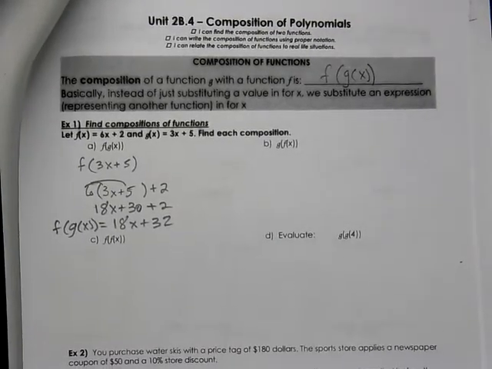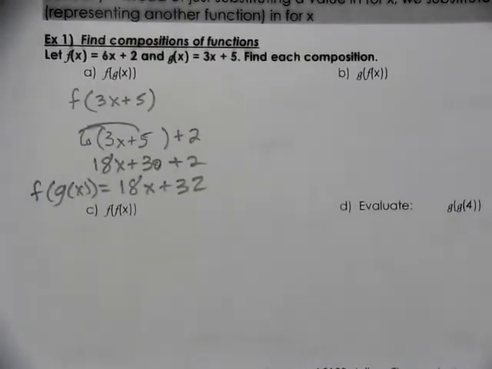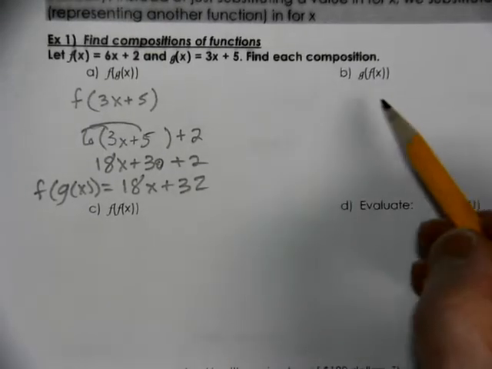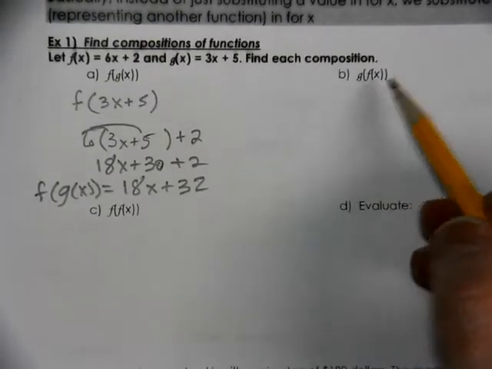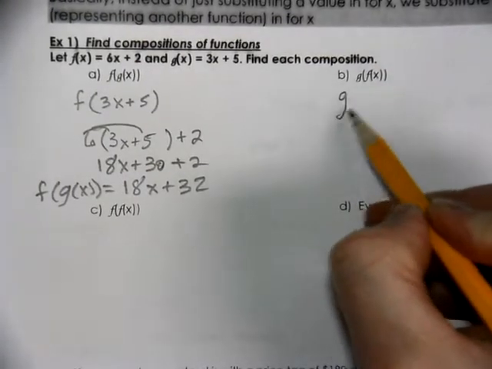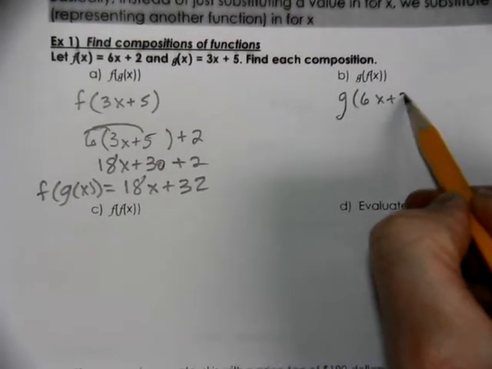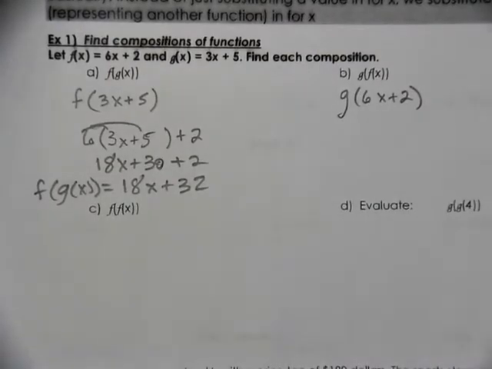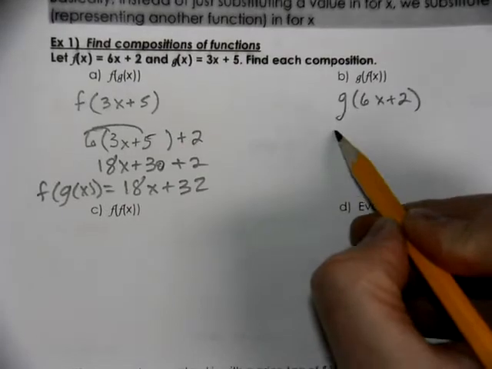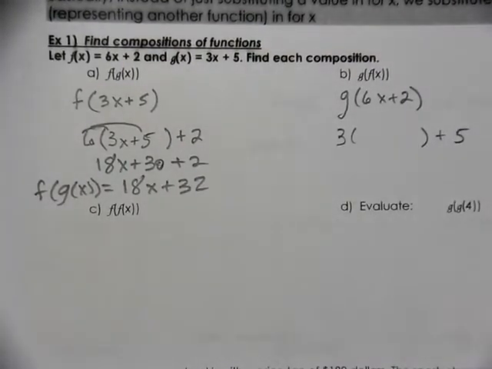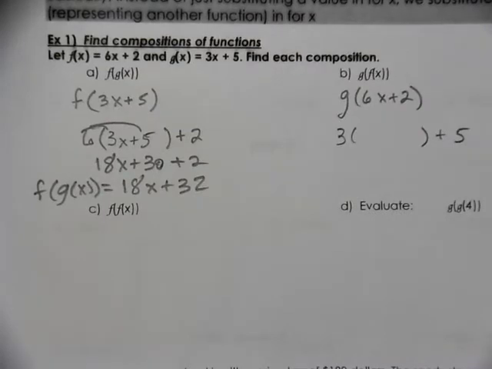Now notice that if we switch the order and we try g of f of x, that means we're going to take the g function and plug the f function in its x values. So the g function is 3 times something plus 5. That's what the g function is.